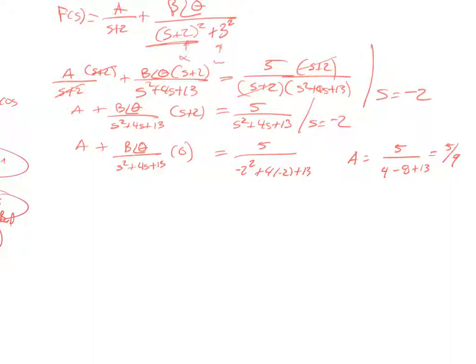All right, so let's go for B. I'll write it all out, F of s over s plus 2. Now I'm going to multiply both sides by whatever is under the B term.